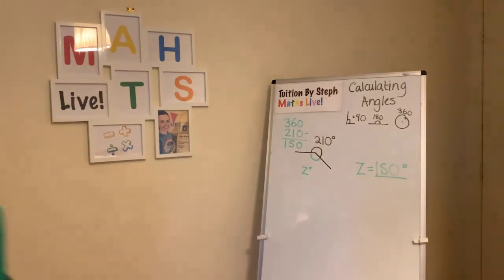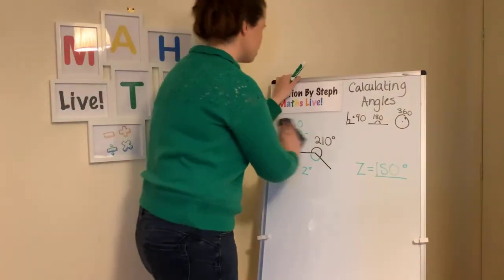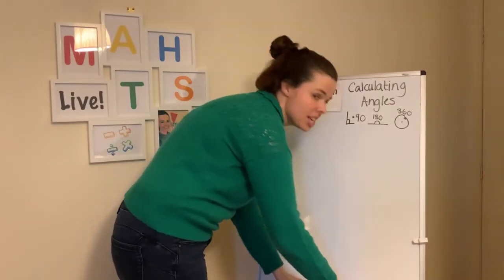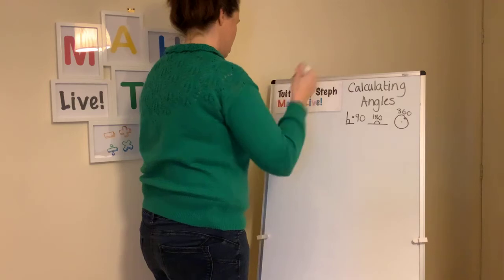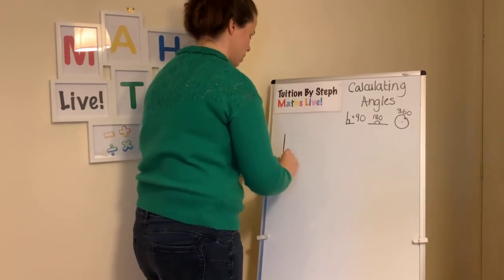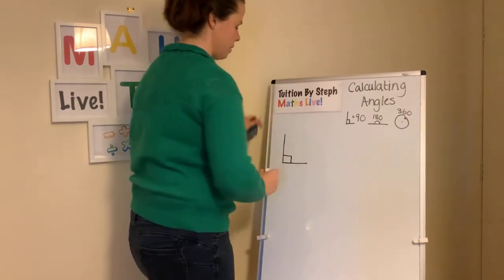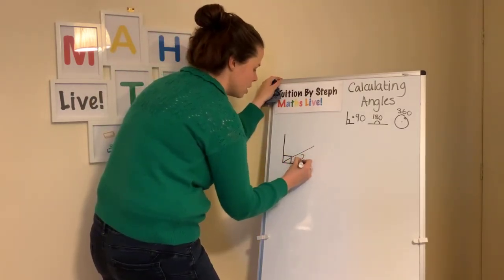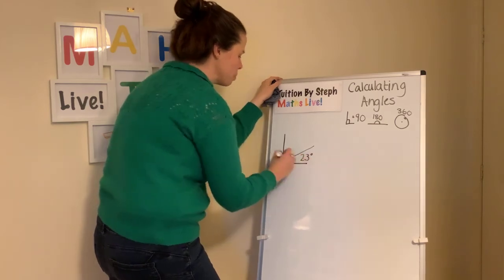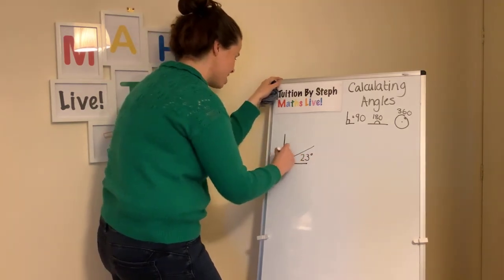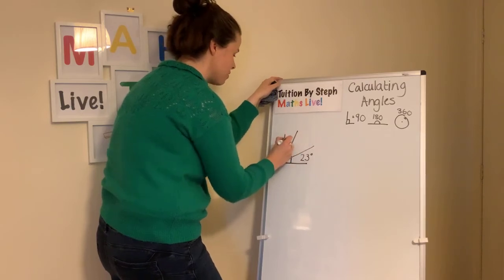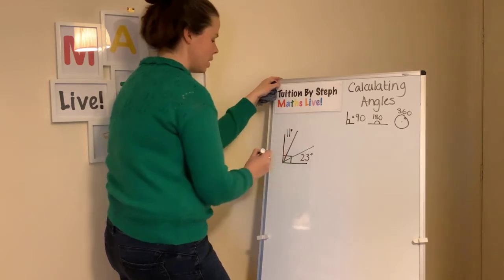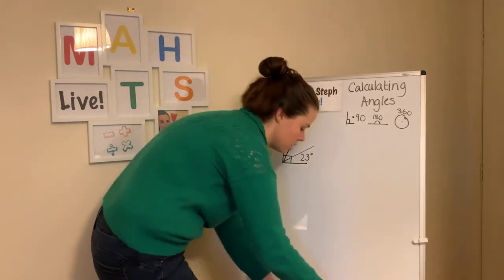Now, I just want to make it clear that sometimes in any of those questions that we've done, this could happen. Going back to the right angle again, it could be split, and we're told that this is 23 degrees, but then it could be split again, and we're told that this is 11 degrees. Then you need to find the size of this angle.